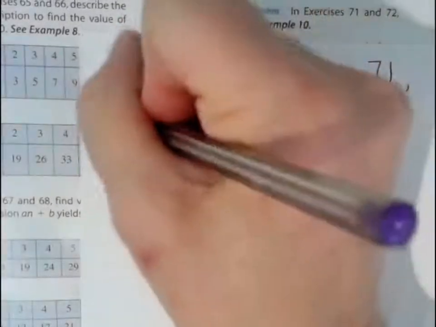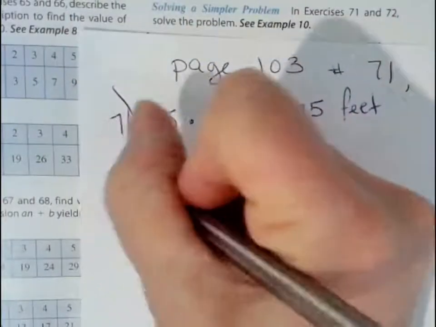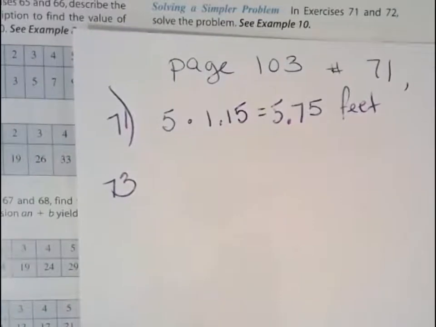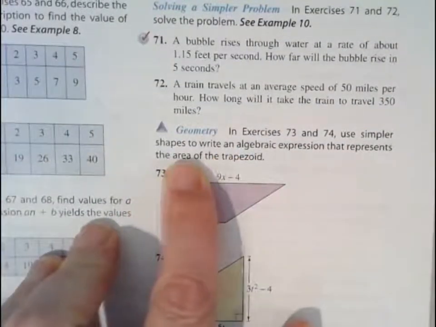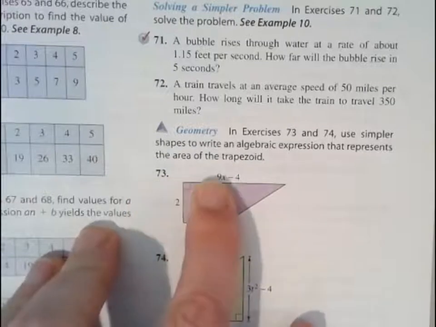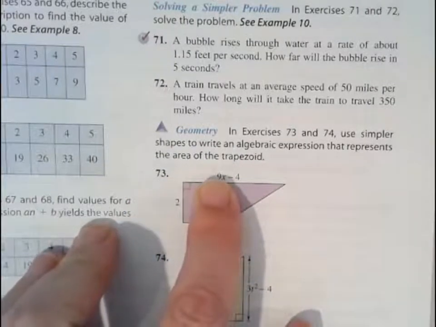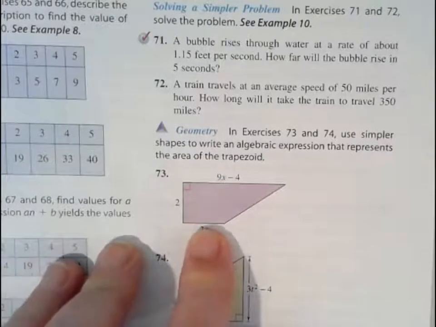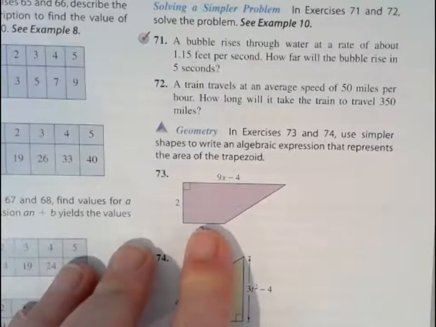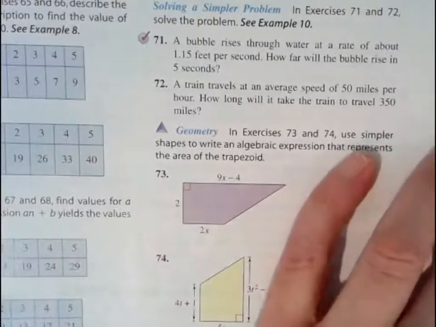That's 71. Okay, 73. So 73 is use simpler shapes to write an algebraic expression that represents the area of the trapezoid. So I'm going to rewrite the shape on my paper because obviously I don't want to write in the book.